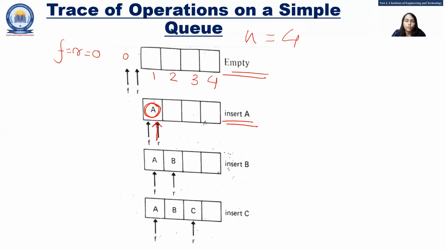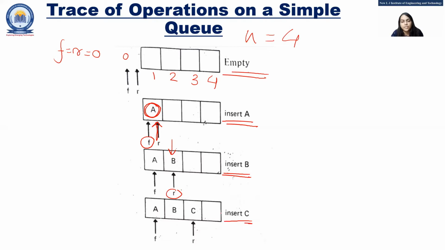Now students, during the first insertion, we also have to increment the front pointer, because if A gets deleted, we should always make the front pointer point to the first element. So when the first insertion is made on an empty queue, the front pointer has to be incremented as well. Now insert B. On insertion of B, only rear moves ahead.